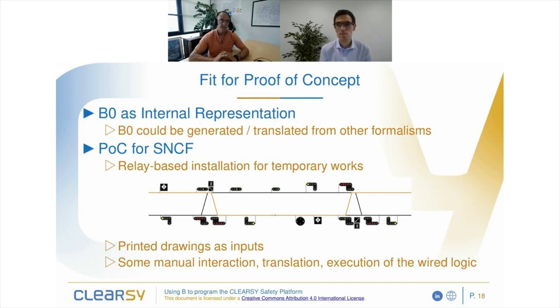The idea is to transform some legacy system, a very old system with no electronics, just wires and relays, so basically electricity. We had printed drawings as inputs, and the idea is, through some manual interaction, to generate B0 and execute the wire logic on modern equipment.